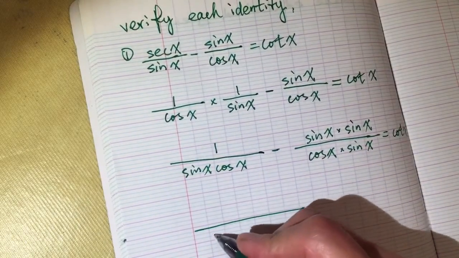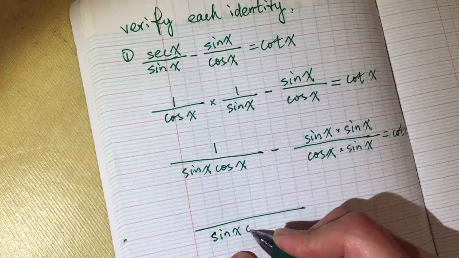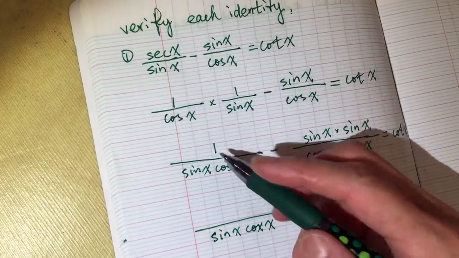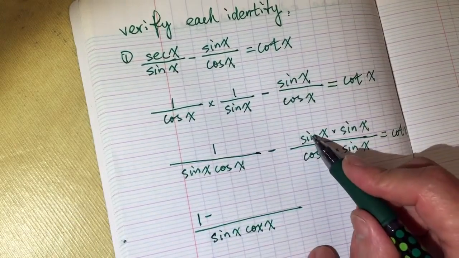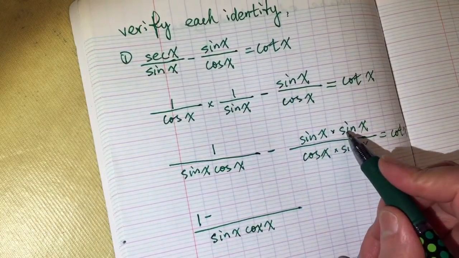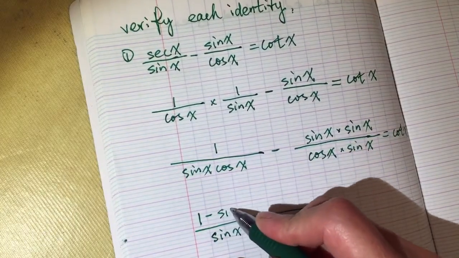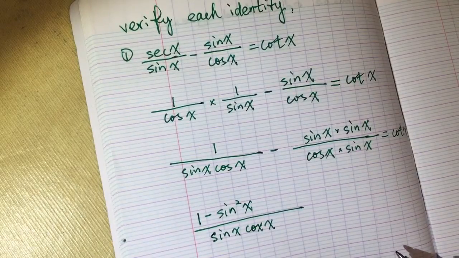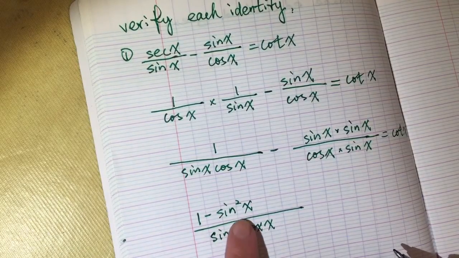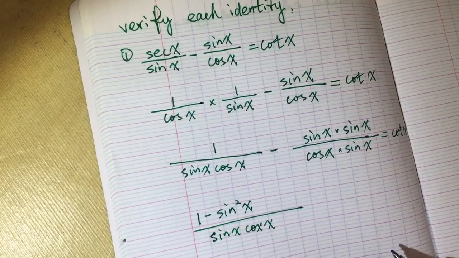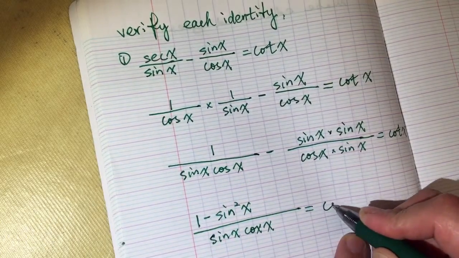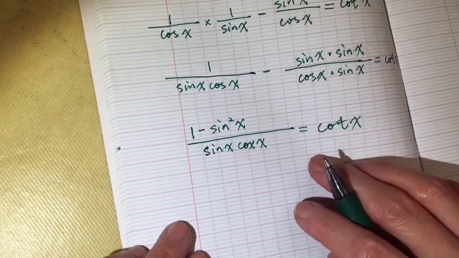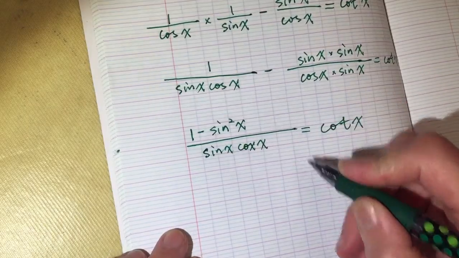So it becomes sine x cosine x as denominator, and on top 1 minus sine x times sine x is sine square x, equal cotangent x. Are we getting there? We still are not sure if this is equal.